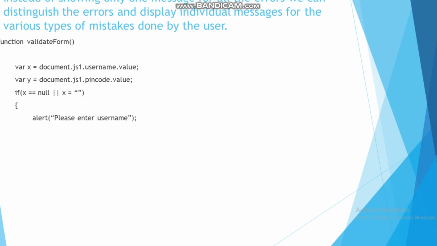So here you can see, if nothing is typed inside the username text box, then it will return true, and it will display this message. Then the focus function is there, and then return false.